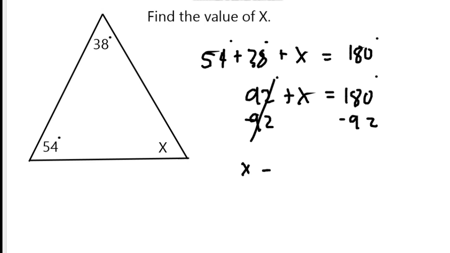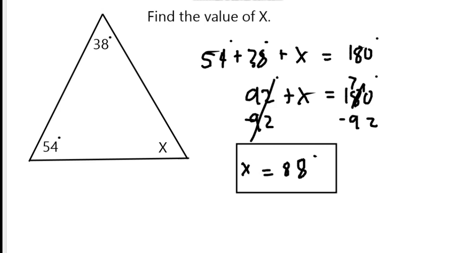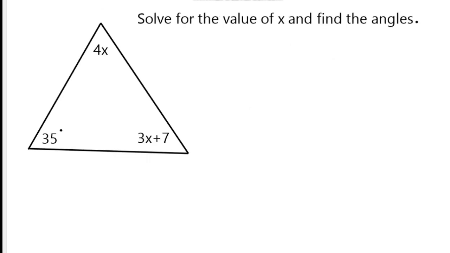Then performing this subtraction, we get the difference, and the value of x is going to be 88 degrees. So that's the value of x here. If we plug it into our 54 plus 38 plus x, it will equal 180 degrees.